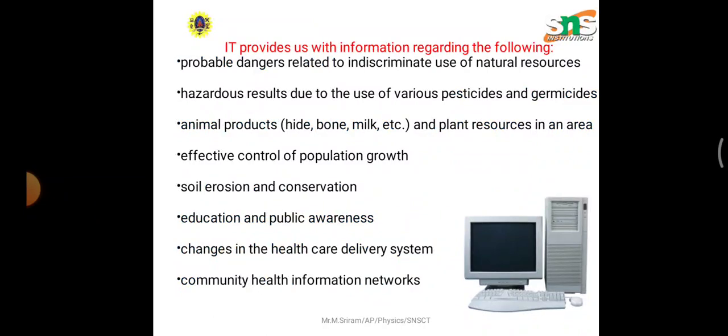IT provides us with information regarding the following: the probable dangers related to intermediate use of a natural resource, hazards due to the use of various pesticides and germicides, animal products, hide, bone, milk, and plant resources in the area. Also effective control of population growth and soil erosion and conversion, education and public awareness, the changes in the healthcare delivery system, and community health information networks.